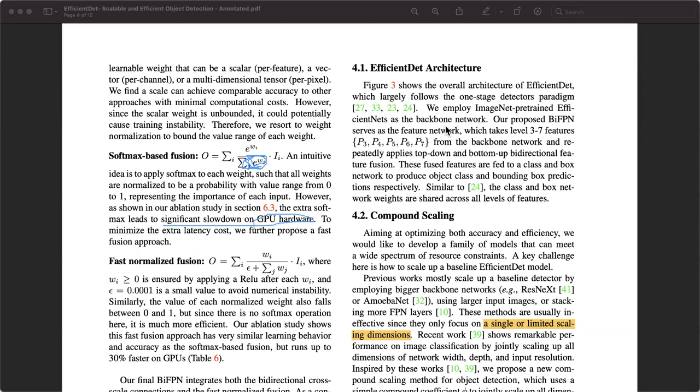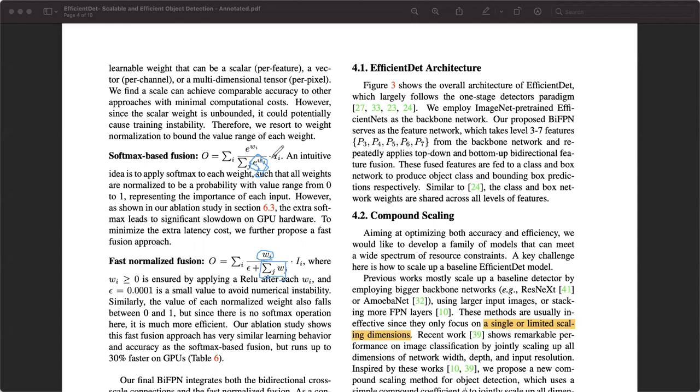So instead of the exponential to the power of W, they simply use the weight itself without the exponential, so it's faster.